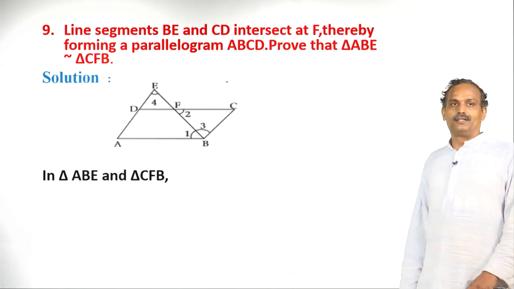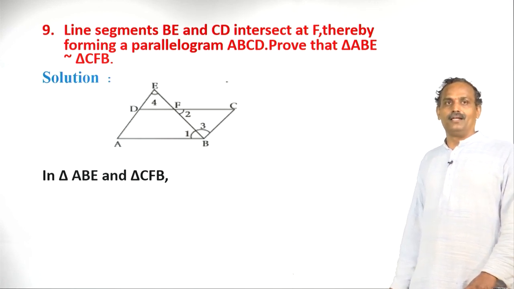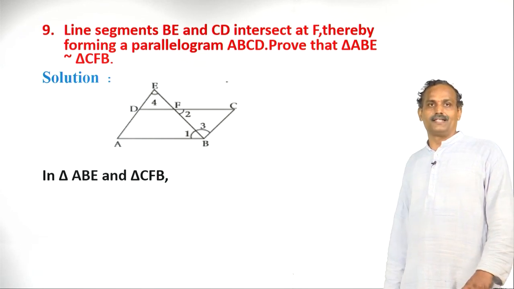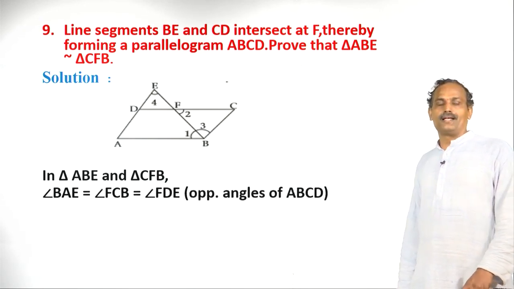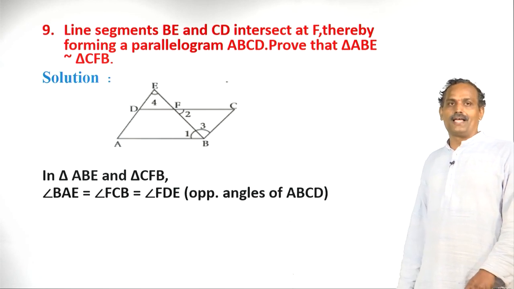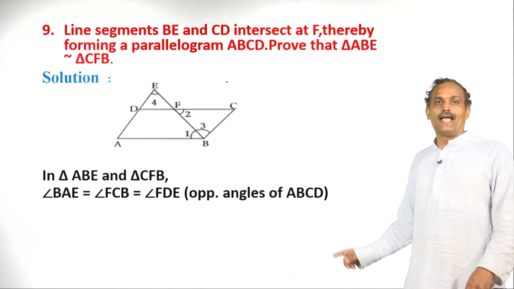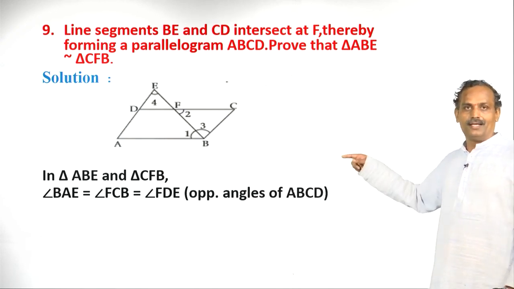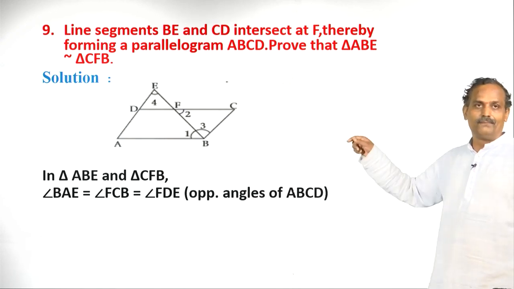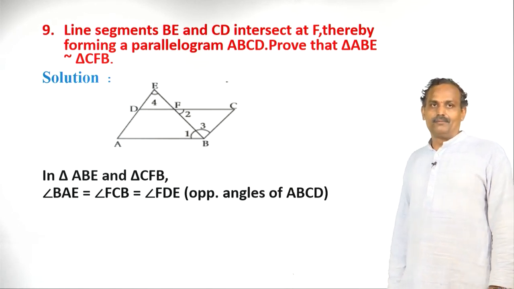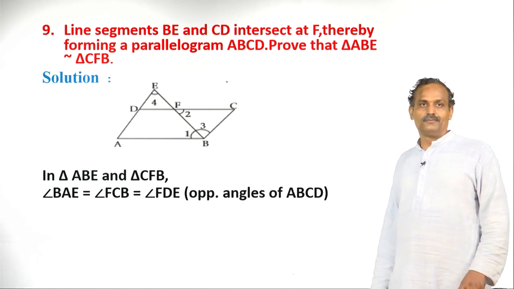So let us consider triangle ABE, the big triangle, and CFB, which is on the right side. In these two triangles, let us find the opposite angles of ABCD. They are the opposite angles of a parallelogram. Angle A is equal to angle C, and it is equal to angle FDE because they are corresponding angles.